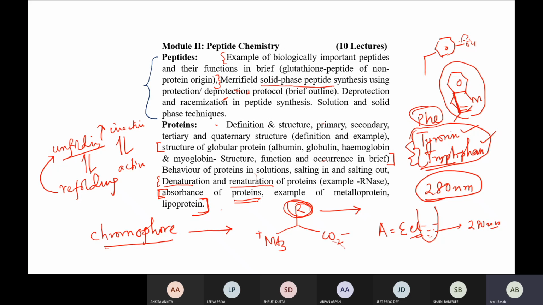Okay, sir. So we have decided it will be on 15th. It will be an MCQ pattern, and this is the course content. So this is crossed out, this is crossed out, and this is crossed out.